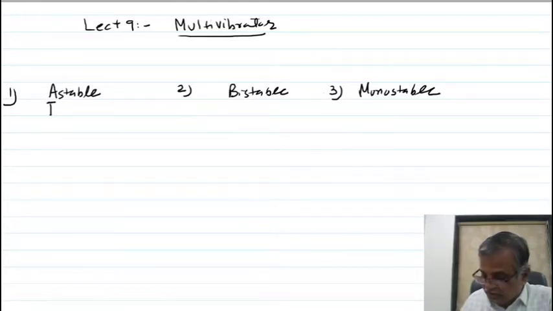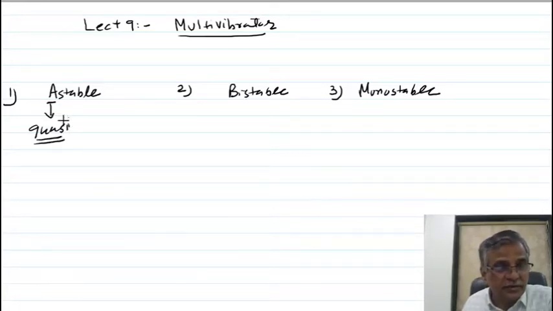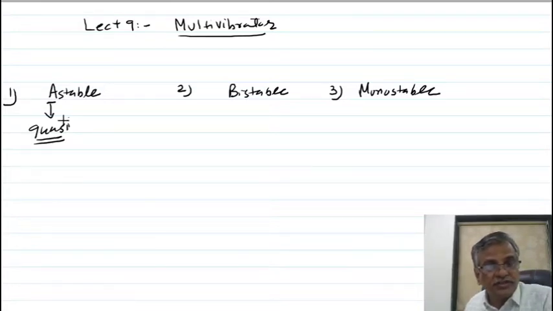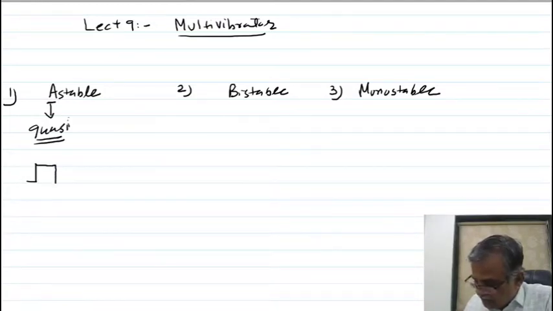Astable, the 'A' itself tells you it does not have any stable state. It is also called a two quasi-stable state circuit. Its output switches from one state to another continuously. It is also known as a free running multivibrator.